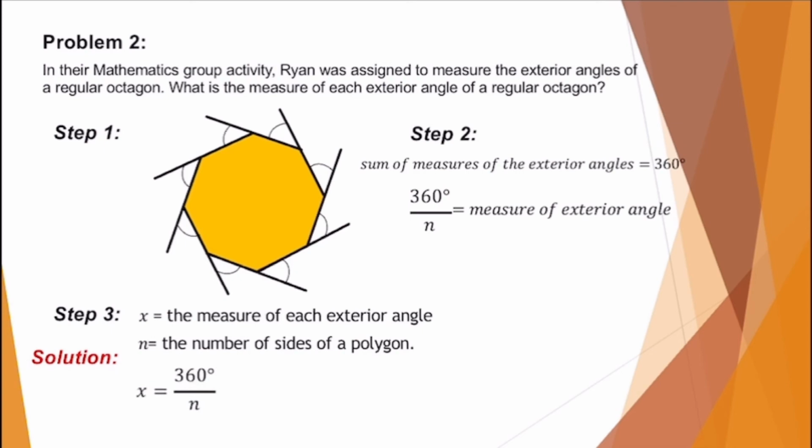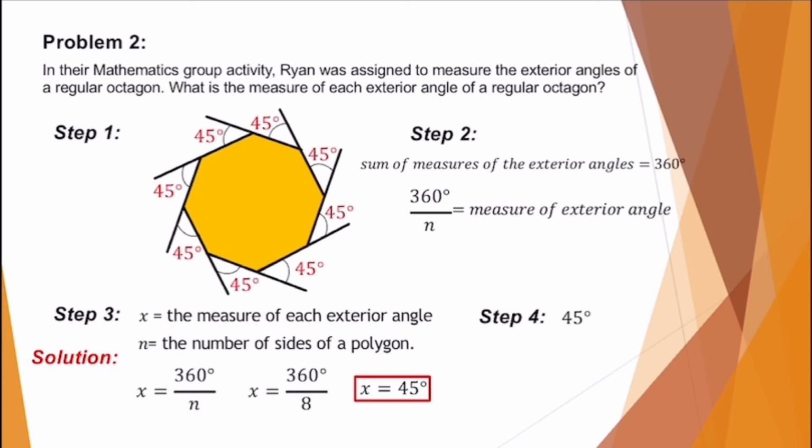Let's substitute the value of n, which is 8, because the given polygon in our problem is an octagon. So we have 360 degrees divided by 8. Let's simplify. We have 45 degrees. For our step 4, therefore, the measure of each exterior angle of a regular octagon is 45 degrees.